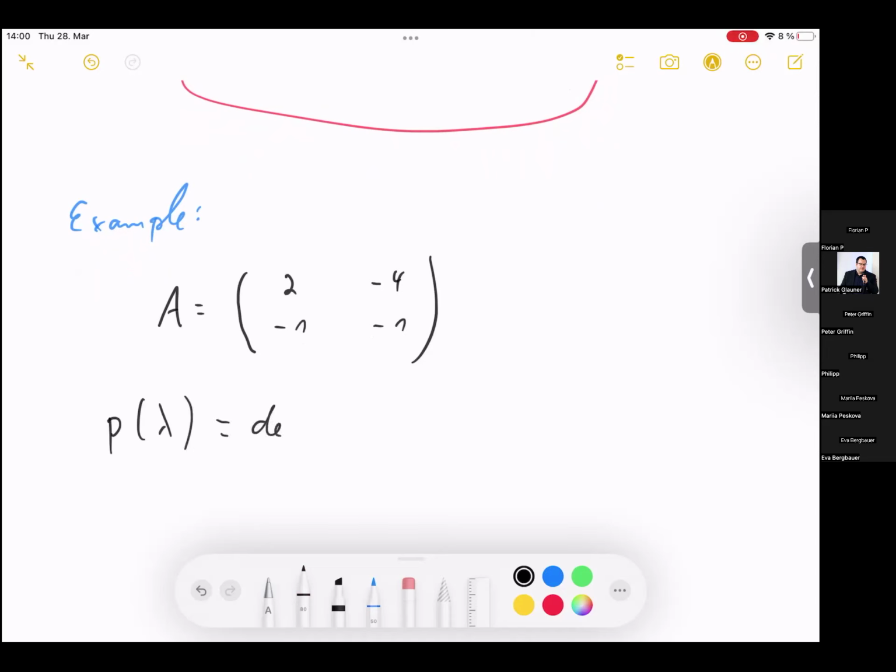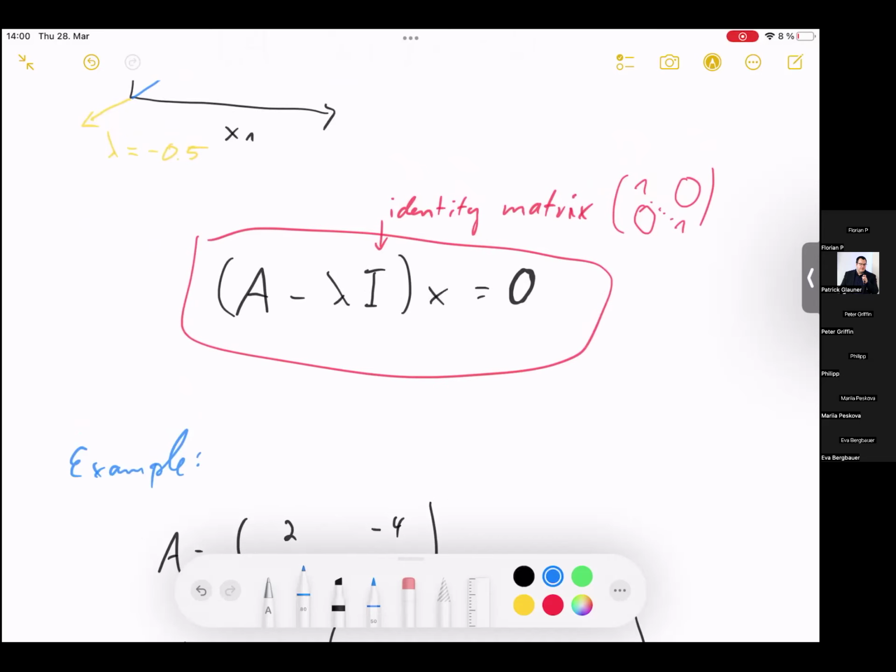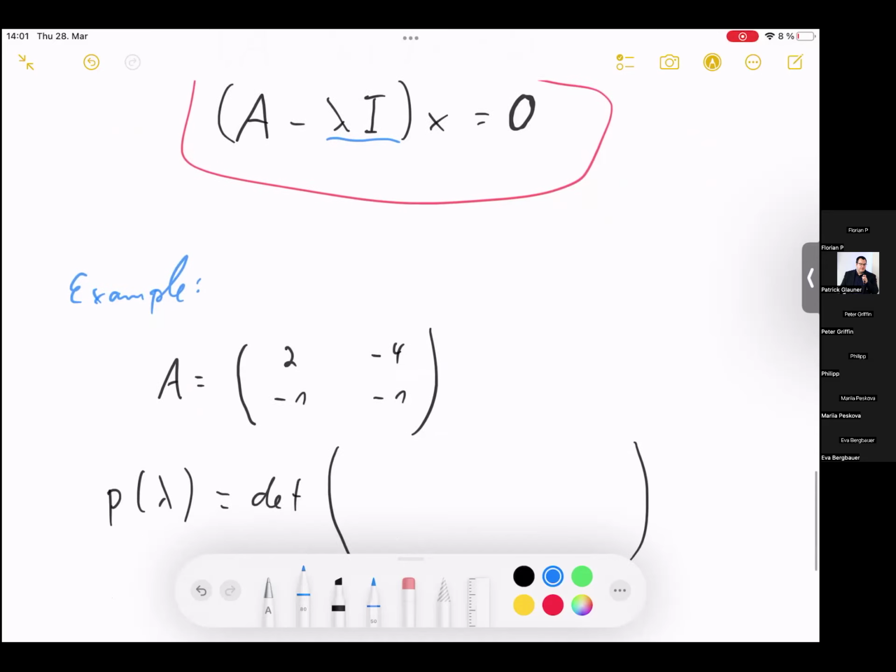It's the determinant of. What I do is I take my matrix, as we have shown here before, but I'm subtracting lambda times I. And I is the identity matrix. So it means I'm subtracting lambda in the diagonal.